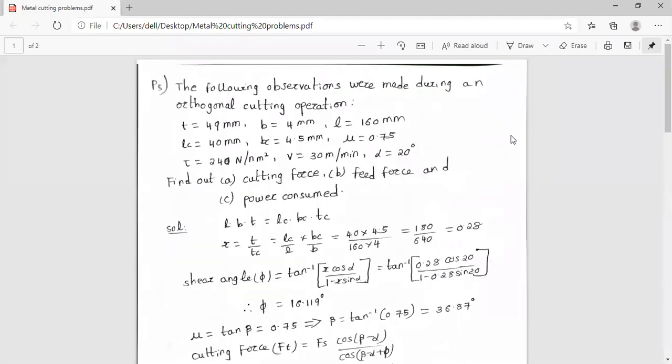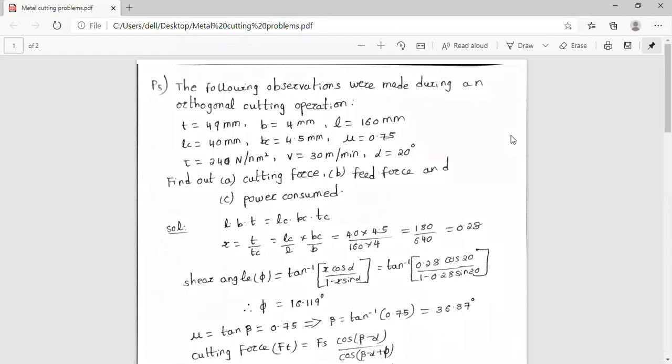So we'll go through a revision of the problems. Today, what are the problems we have done? The problems related to cutting force, Ft, Ff, and the power consumed in the first problem. Just try to see the logic we have taken in this orthogonal cutting problem.